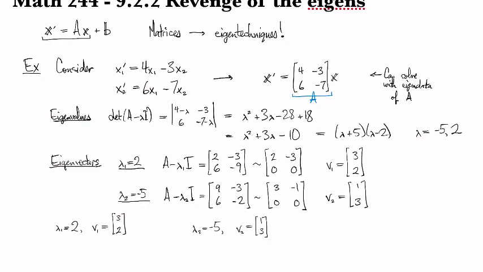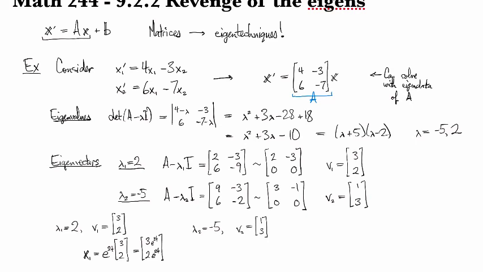And so now the magic happens. If I take my first solution to be e to the 2t times 3, 2, or if you want, you can write it as 3e to the 2t, 2e to the 2t, whichever you prefer.